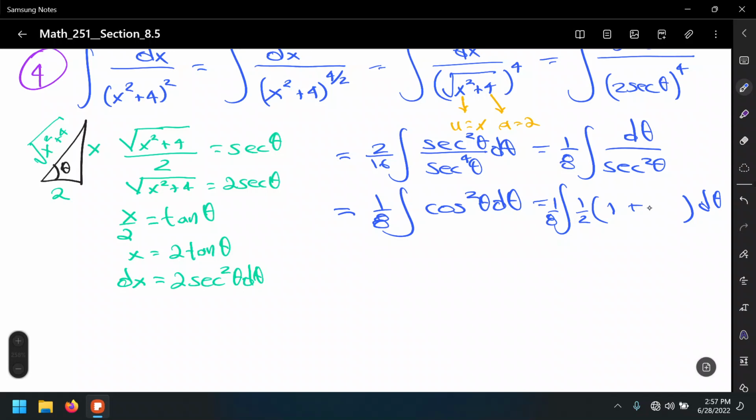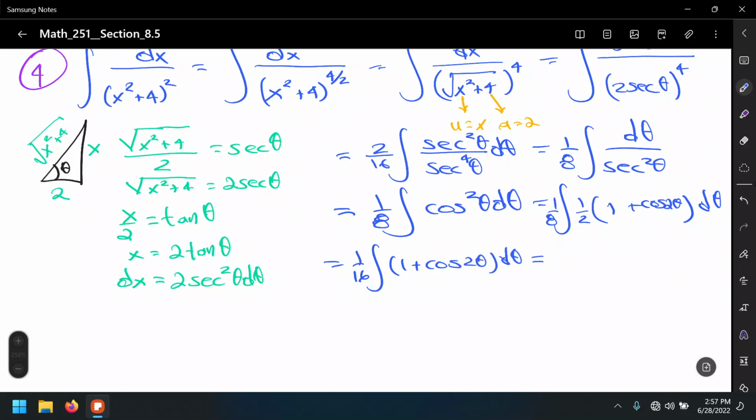And I'm writing it in a different way just to save time. I'll show you. Technically this is 1 plus cosine 2 theta over 2, but I'd rather have it multiplying by 1/2. Dividing by 2 is the same as multiplying by 1/2, so I can immediately multiply this by 1/8 to obtain 1/16 integral of 1 plus cosine 2 theta d theta.